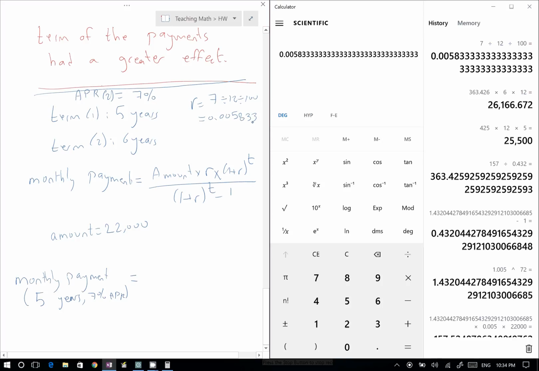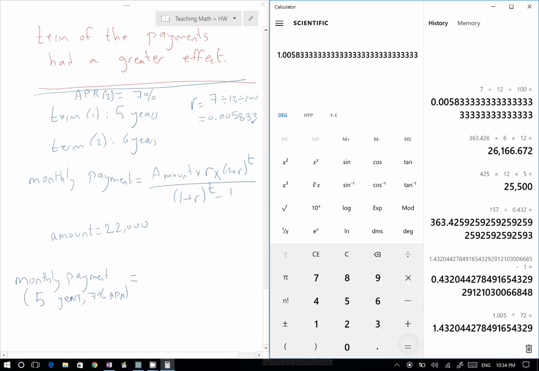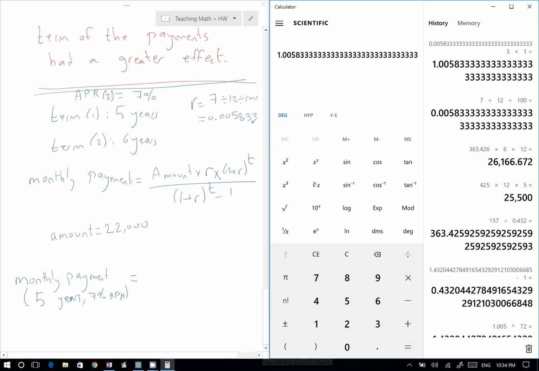Okay, so that's my R. Let me do the 1 plus R, the difficult part. 1 plus R raised to the power T. My T in 5 years, that's 60 months.